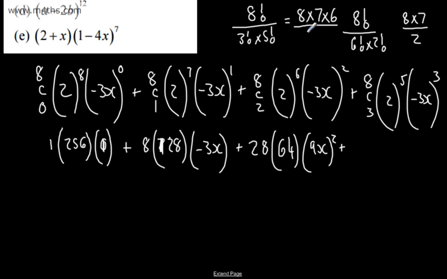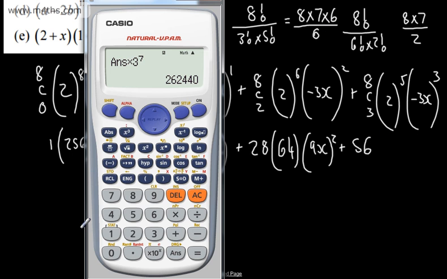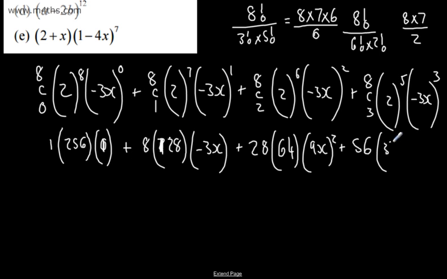Now 3 factorial is just going to be 3 times 2 times 1, which is 6. So that's going to give us 56. Again, if you want to check that, you can do. You're not expected to do this. 8c3, and that's our 56. 2 to the 5th is 32, and this is going to give us negative 27x cubed.